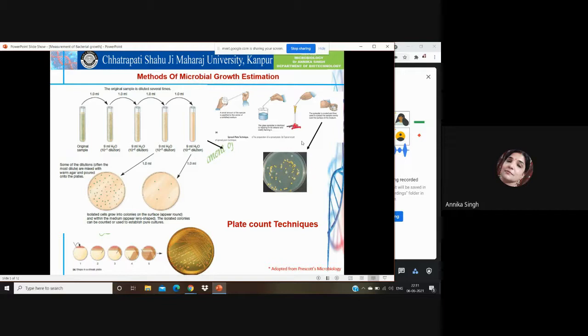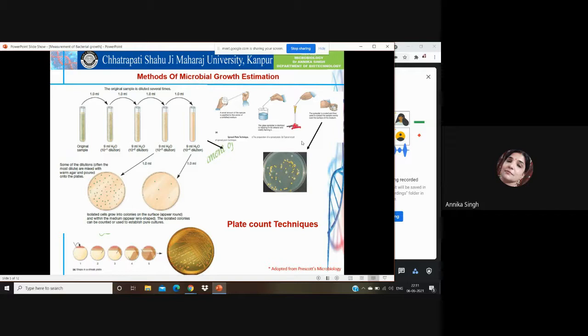The 1 ml of sample which we have taken, which gave 150 colonies, was diluted 10 to the power 5 times.